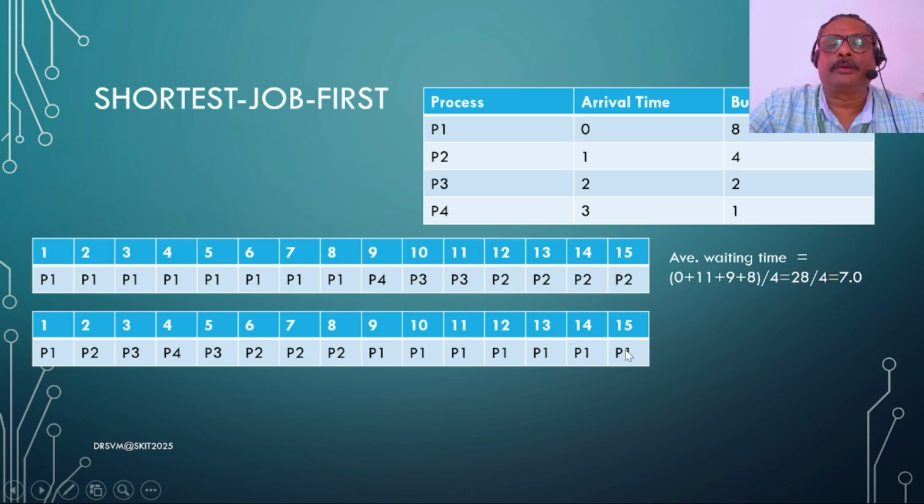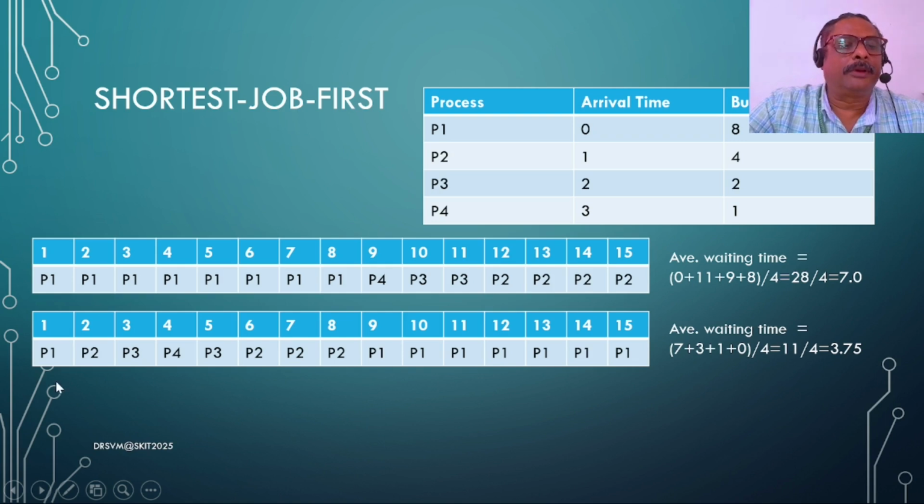If we were working in preemptive type of scheduling, in that case, the average waiting time would be as follows. For P1, it starts here, then no P1 working. So 1, 2, 3, 4, 5, 6, 7 units of time P1 is waiting.